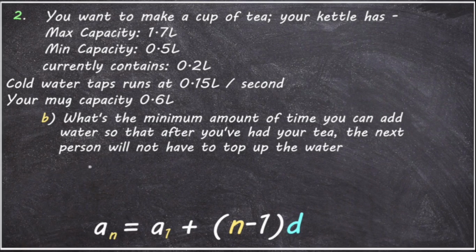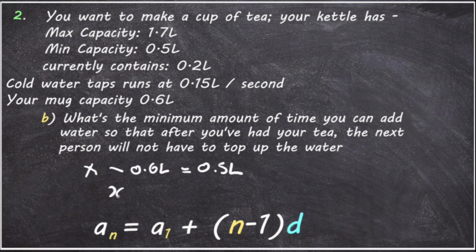So let's say that the amount of water that needs to be in the kettle is X. The size of your mug is 0.6 liters, and after you've poured water from the kettle into your mug, that's going to subtract 0.6 liters from that amount X, and the amount of water left in the kettle should be no less than 0.5 liters.